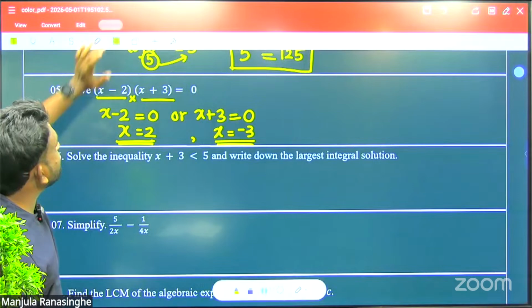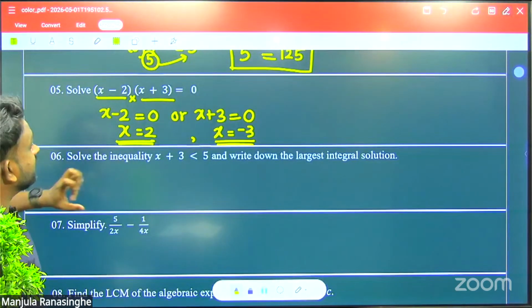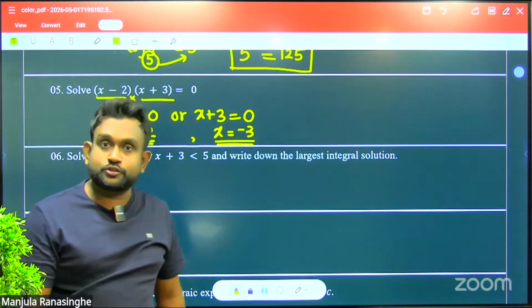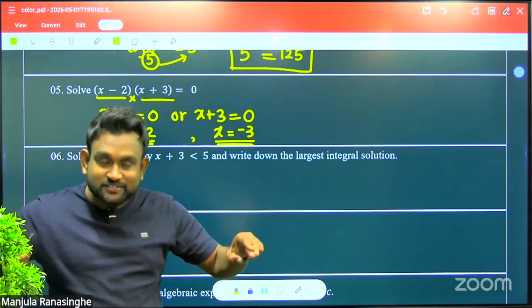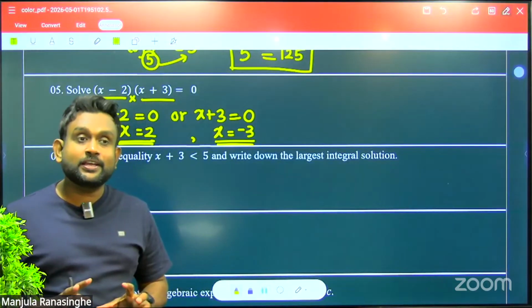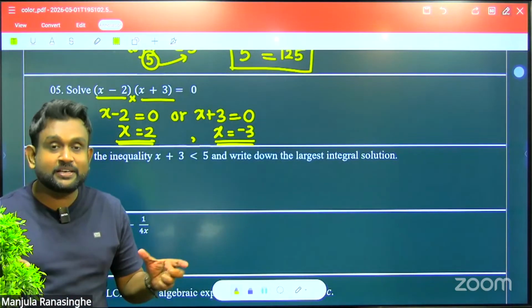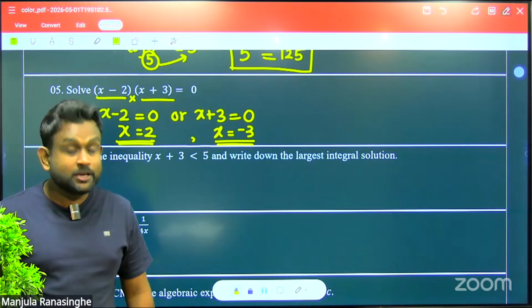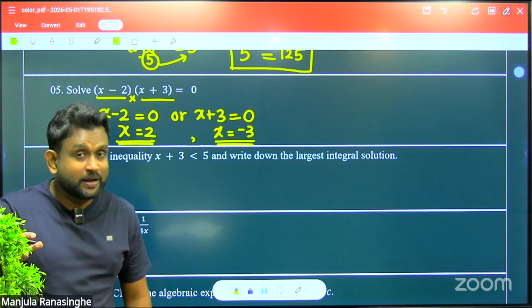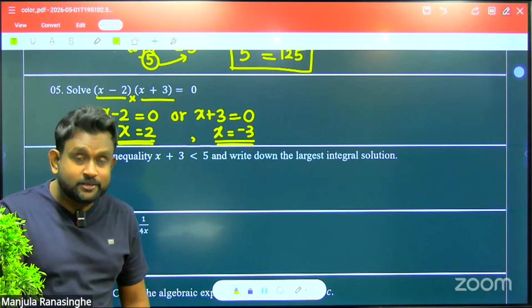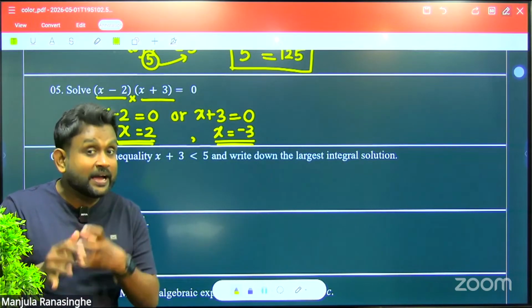Solve the inequality and write down the largest integral solution. Before we come to that, we will first solve it. Solving an inequality is almost similar to solving equations, but there are some dissimilarities. When you divide by a negative value or multiply by a negative value, the sign has to be changed.